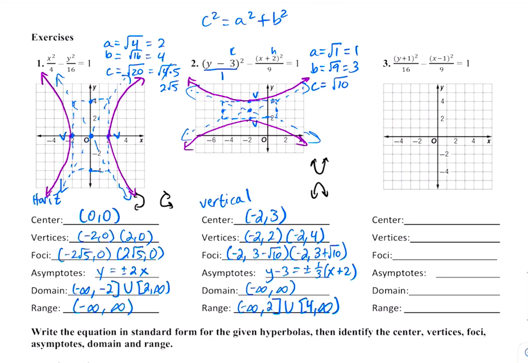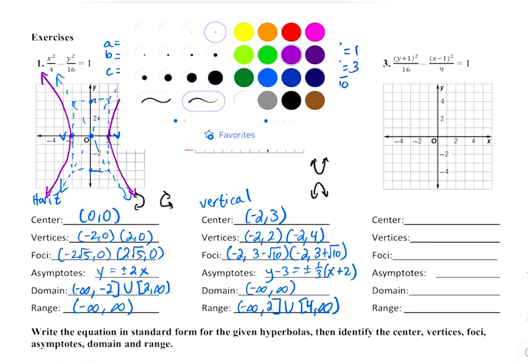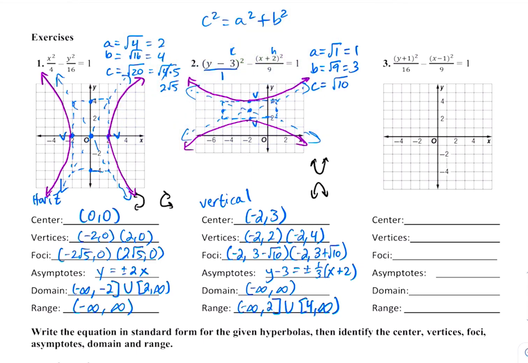All right, last one. So my y squared is the one that is positive. So that tells me that we are going to have a vertical hyperbola again. Center is HK, so I will have 1, -1. So A is going to be the square root of 16, which is 4.